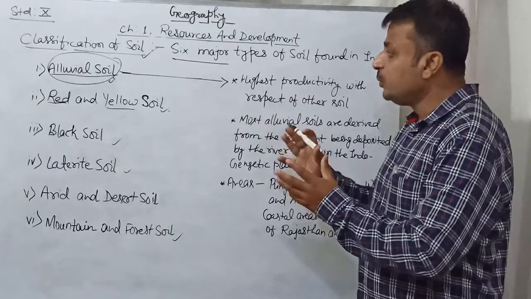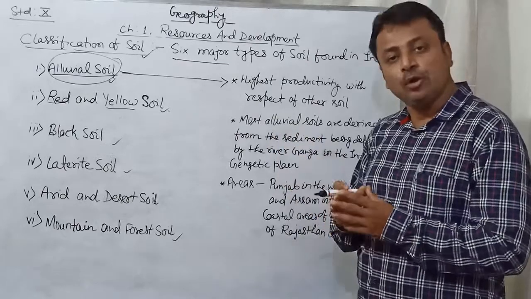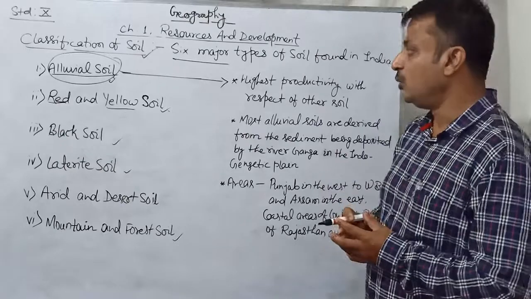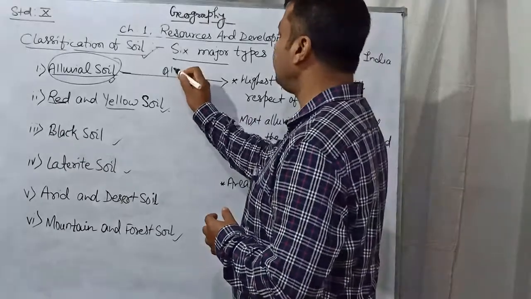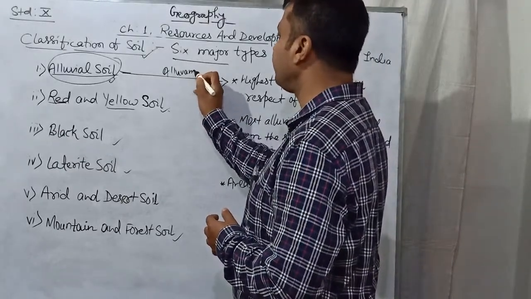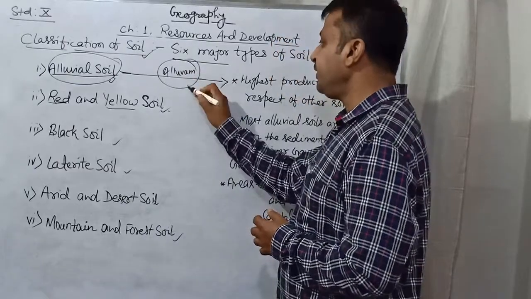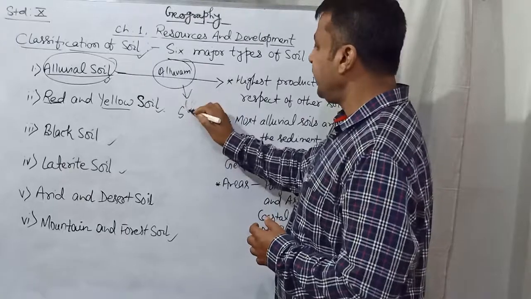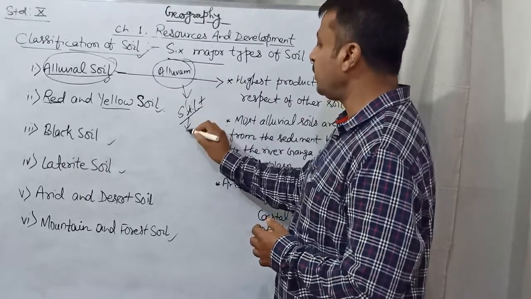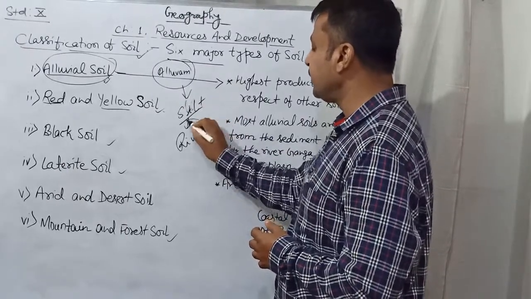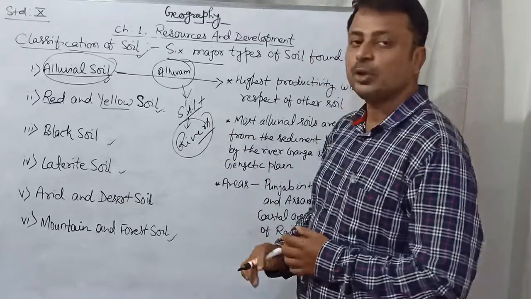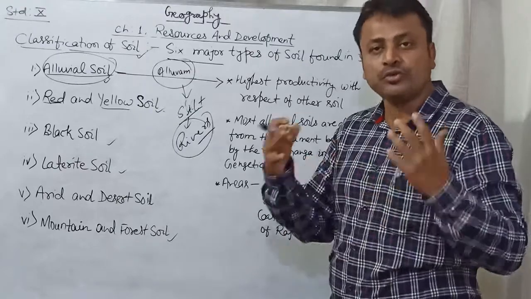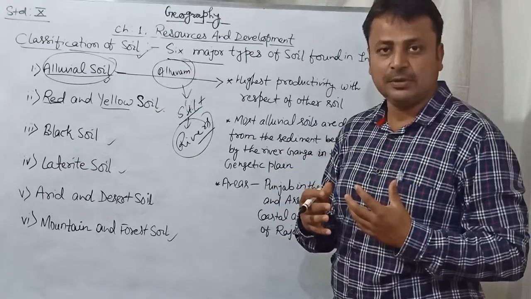So how is alluvial soil formed? Alluvial soil is made up of alluvium. Now, what is the meaning of alluvium? Alluvium is the silt brought by the river. Rivers, when coming down from hill slopes, carry huge deposition.